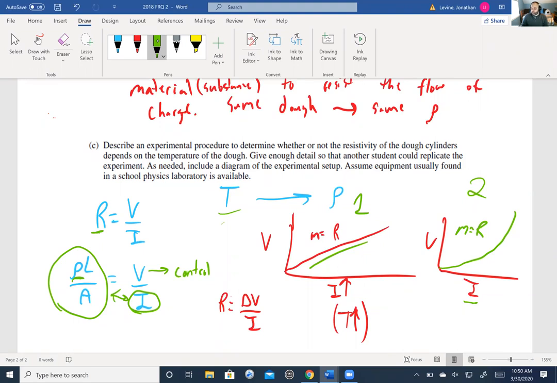Now I'm predicting that that change will cause this curve because I'm predicting that temperature would increase the resistance of the material. But technically, it could just as equally slope downward if for some weird reason this material had less resistance with higher heat. That's not typical, but depending on the temperature range, it could technically happen.